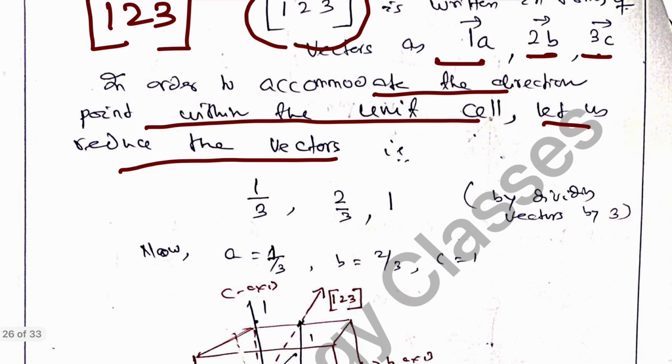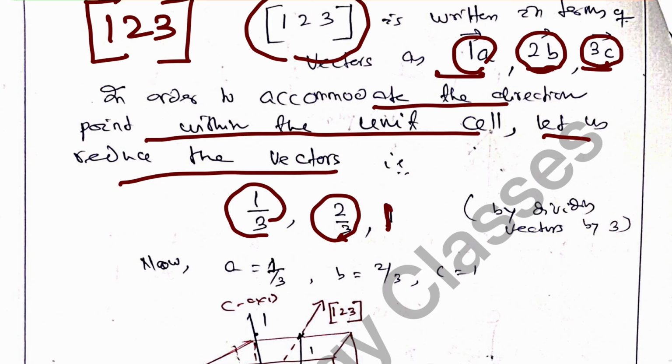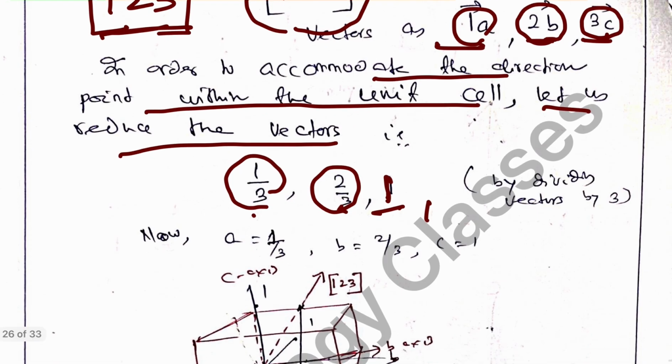So it will be 1/3, it will be 2/3, so that it will be 1. 3/3, it will be 1. So along C it will be 1, along B it will be 2/3, along A it will be 1/3. So that this direction can be shown within the unit cell.